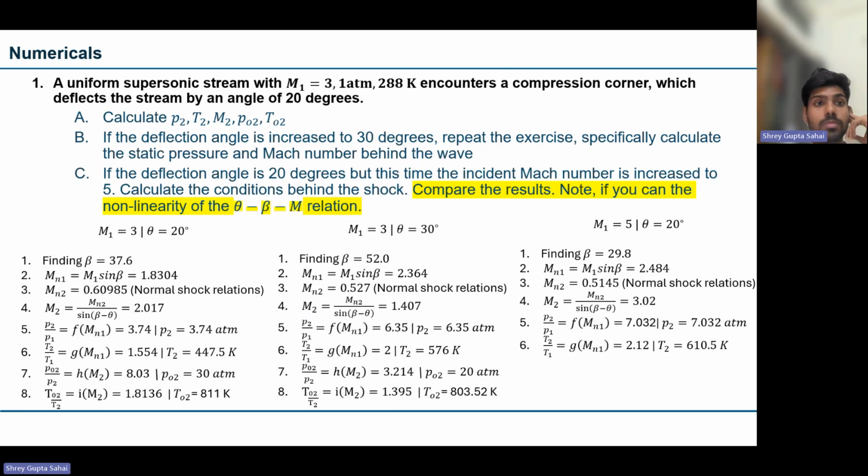Okay. So next we're going to do another question. Let me jot that question down for you. I need a diagram for it.